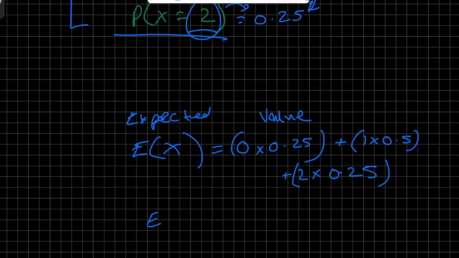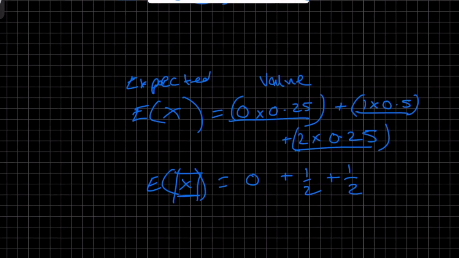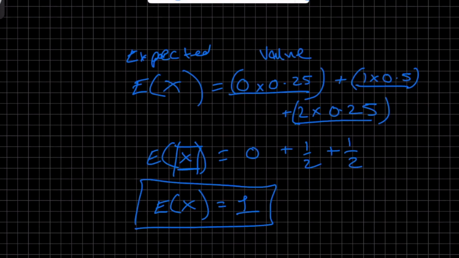If we add these together, that's 0, this is a half, and this is a half as well. So our expected value of the number of heads that we get in a 2 coin toss should equal 1. So we should expect to get 1 head in our 2 coin tosses.